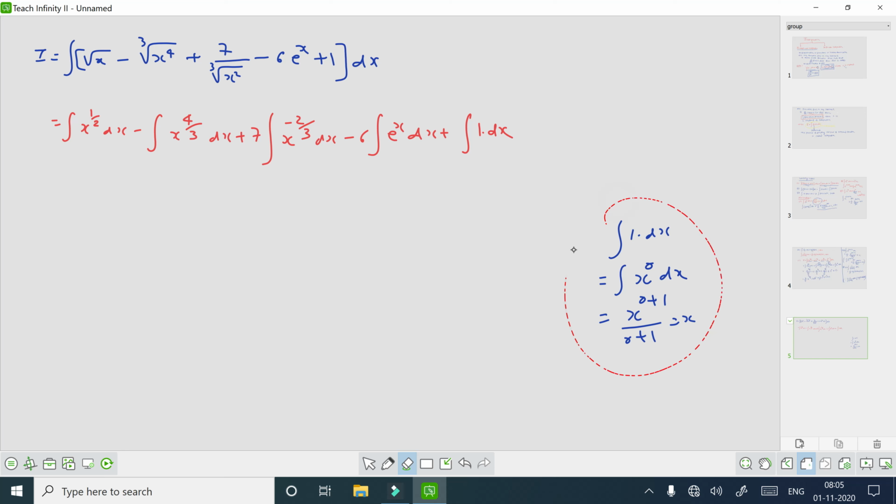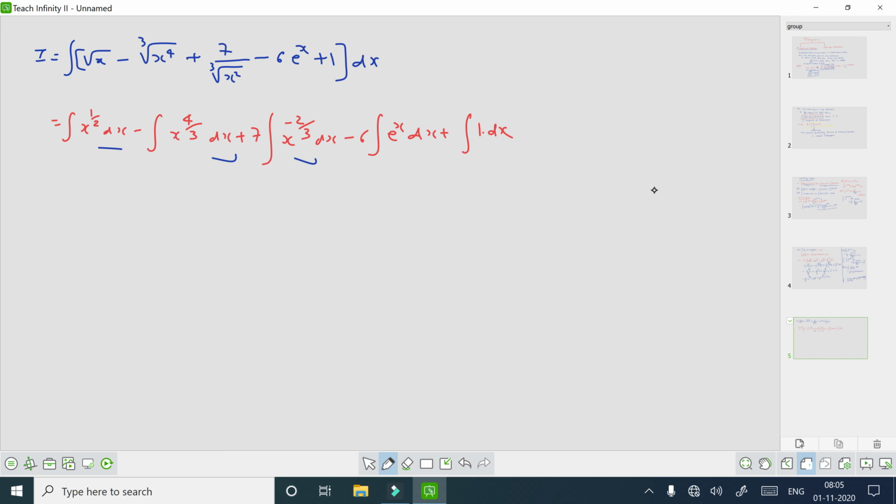So integral of 1 dx is x. Now see, this one and the last one are of the form x raised to n, and this one is the exponential form. Very easy to calculate.